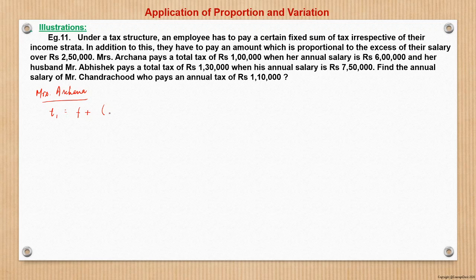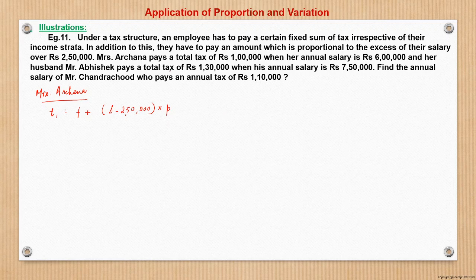So if the salary is S, how much more is this salary over 2,50,000? This part is a certain proportion. Let that proportion be P. We can write so, right? So they have to pay a fixed part and then some additional part. What is that additional part? The additional part is a certain part of the excess of their salary. Let that part be P and the excess salary be this. Right, this is what is given to us in a general form.